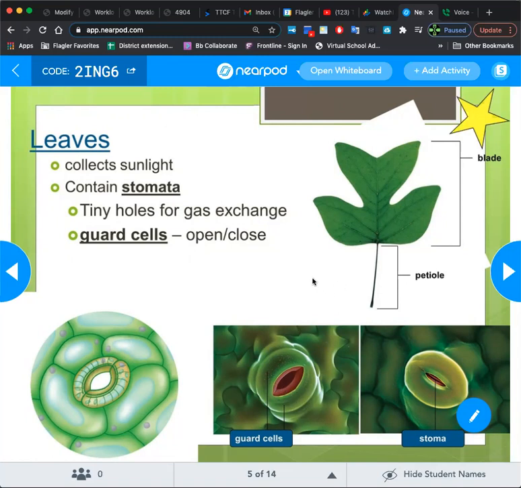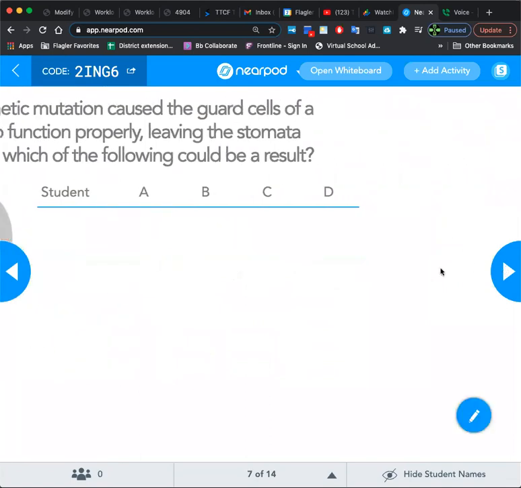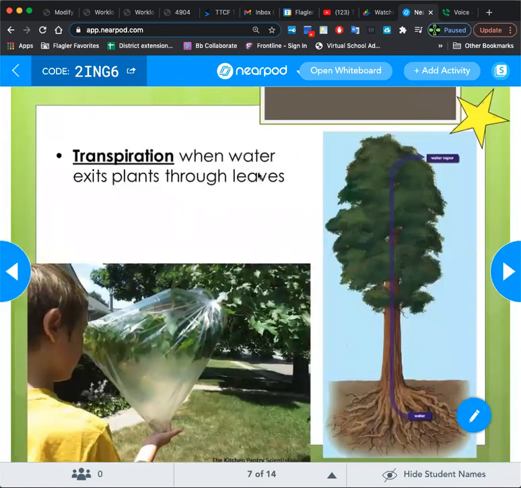Depending on where the plant is, it might open or close at different times, because it might dry out a little bit more depending on what kind of climate it's in. When I say it dries out, it's because not only is it for gas exchange, but water is going to come out of those holes as well. There's a term for it. It's called transpiration.